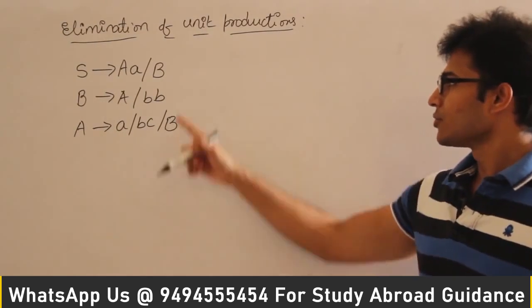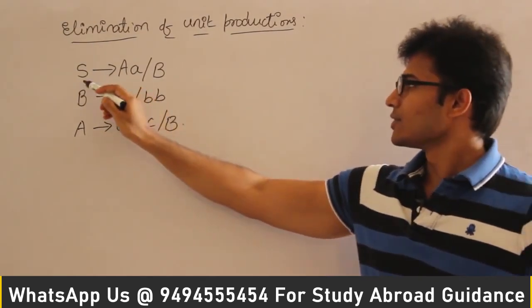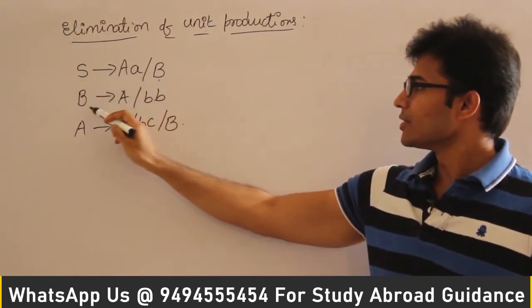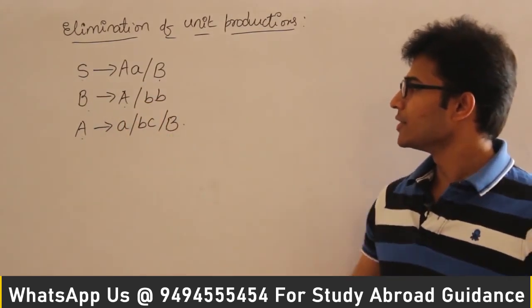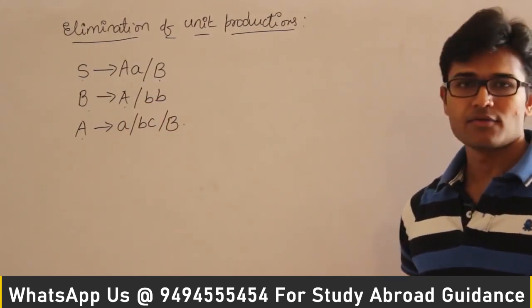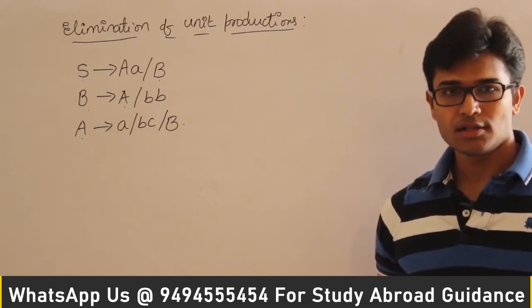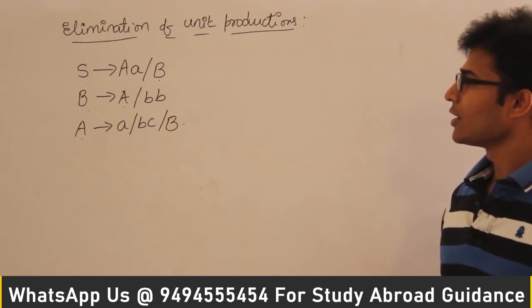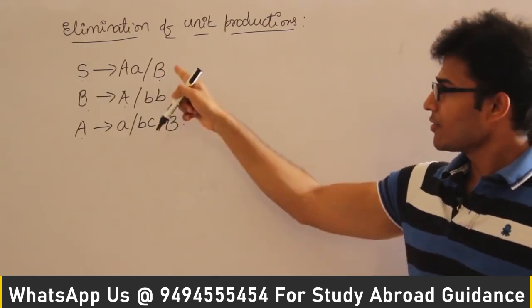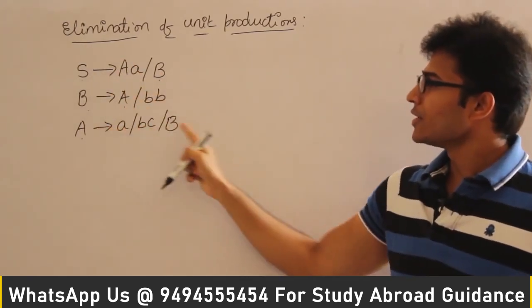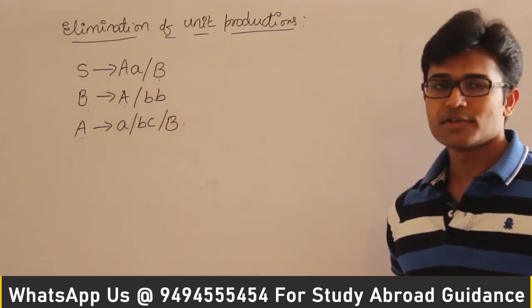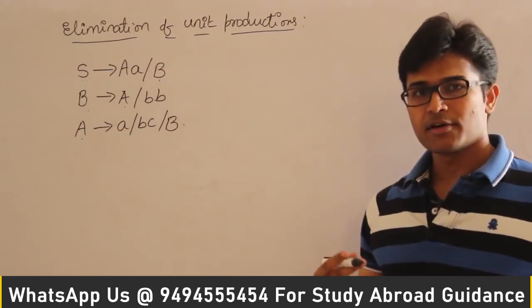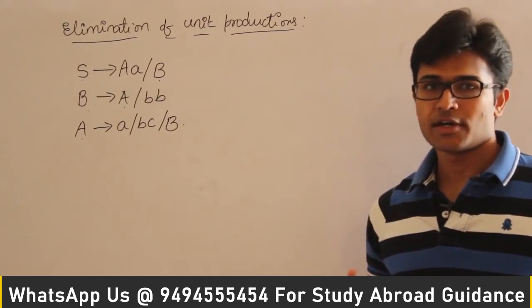So let's eliminate unit productions from this grammar. These are the unit productions, right? S derives B, B derives A, and A derives B. I have already told you that all these unit productions are useless. So how can I eliminate them? Always remember, whatever transformation we do on the grammar, the language generated by the grammar should not be affected at all.